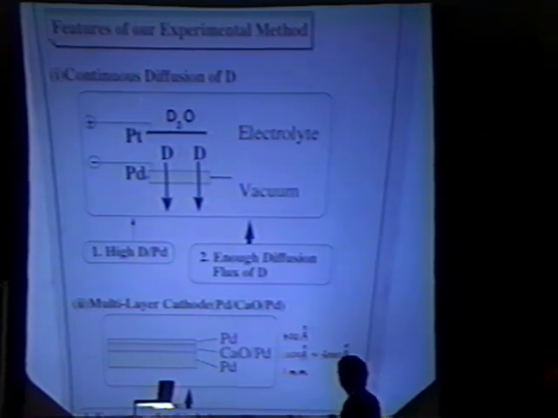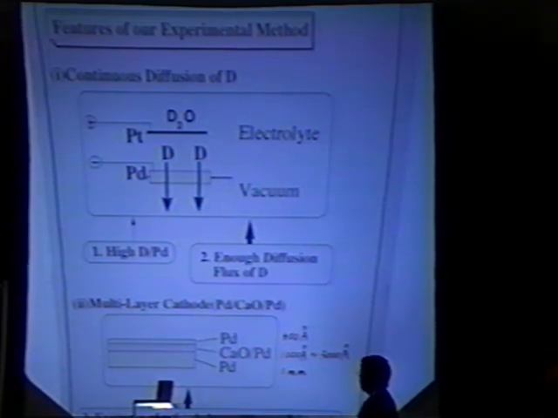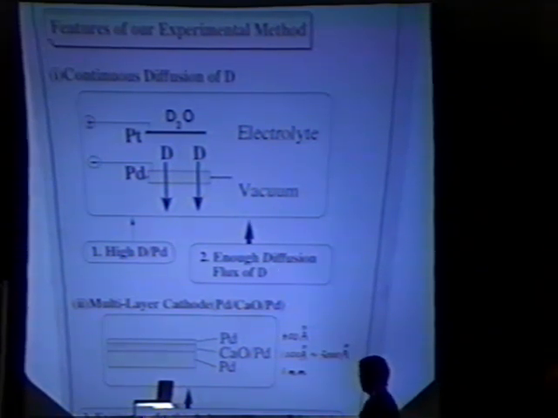We have an electrolyte on the upper side of the palladium, and we keep vacuum condition on the side under the palladium. Deuterium atoms are loaded electrochemically from this side to this side. With this configuration, we can provide enough diffusion flux of deuterium.